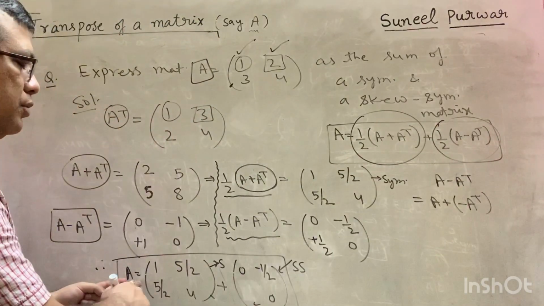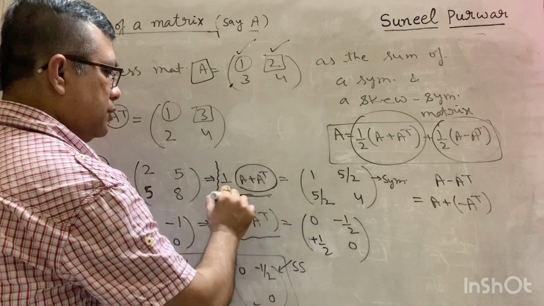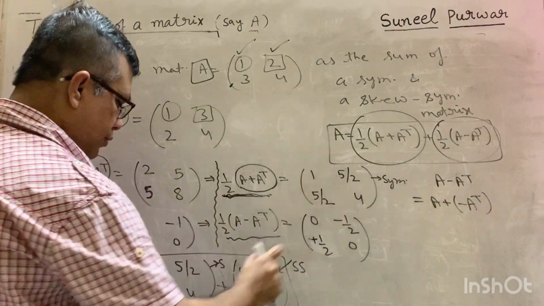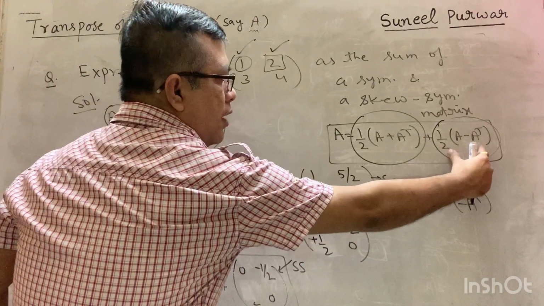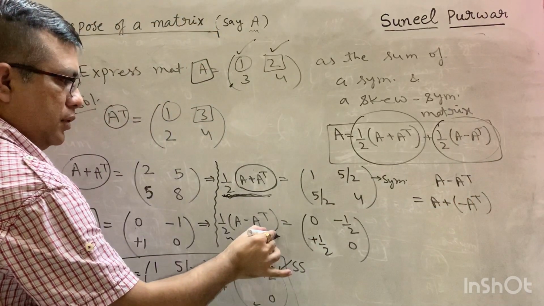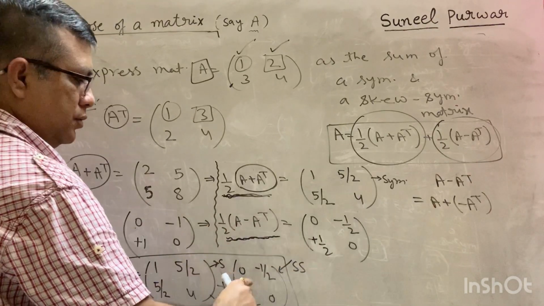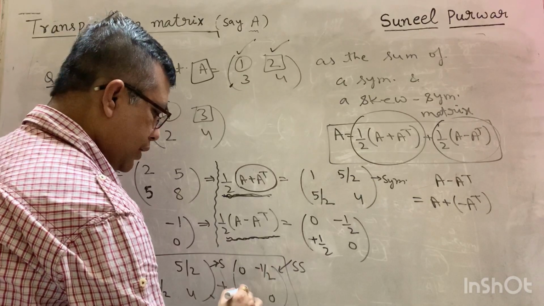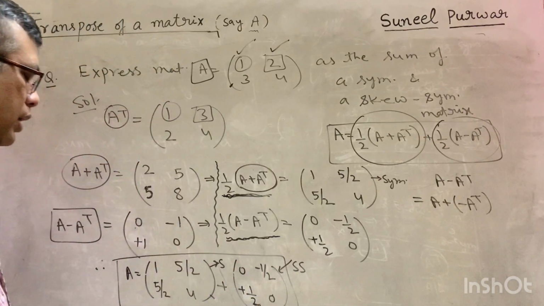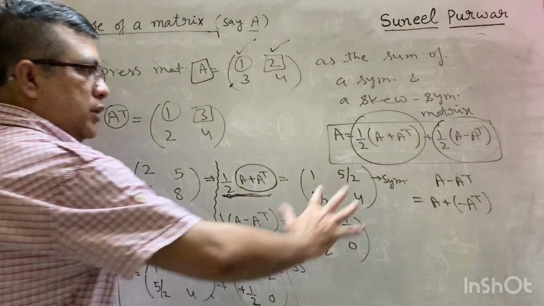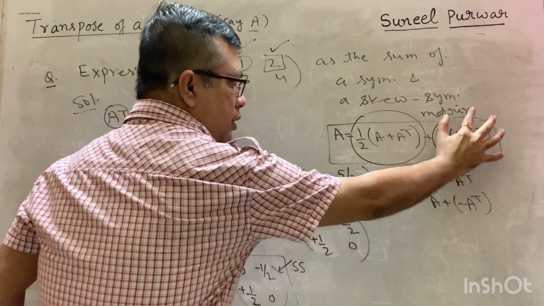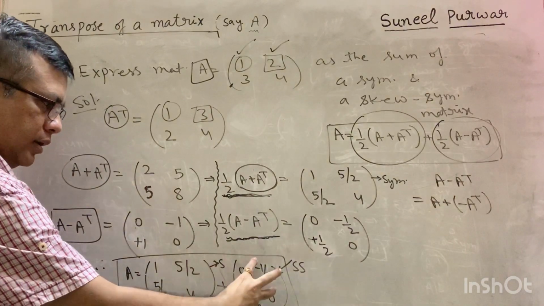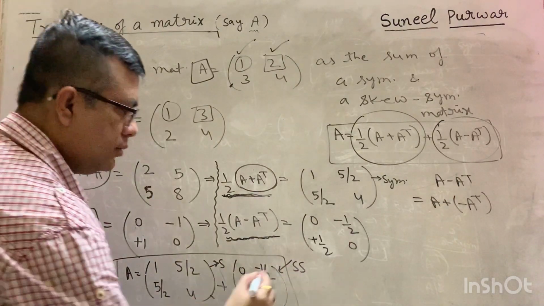So A is equal to half of A plus A transpose, which is 1, 5/2, 5/2, 4, plus half of A minus A transpose, whose elements are 0, minus 1/2, plus 1/2, 0. And you see, this part is a symmetric matrix and this part is a skew-symmetric matrix.